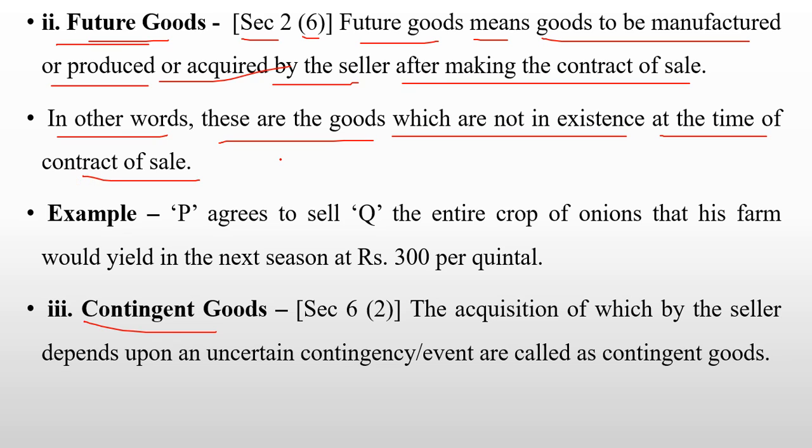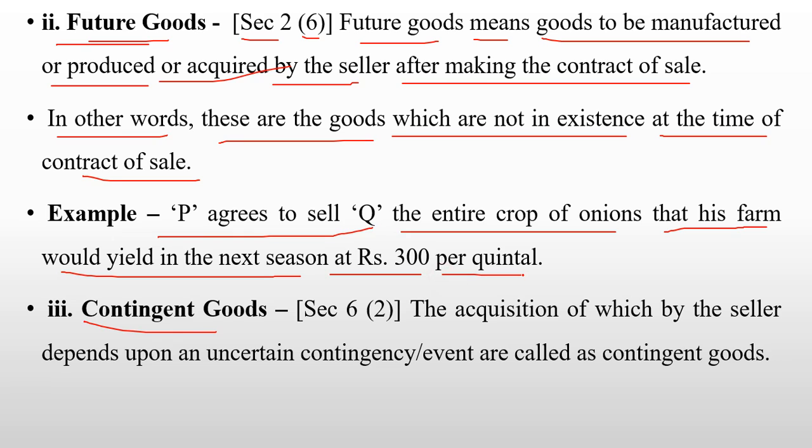Now for example, P agrees to sell Q the entire crop of onions that his farm would yield in the next season at rupees 300 per quintal. Okay, so P is the seller and Q is the buyer.